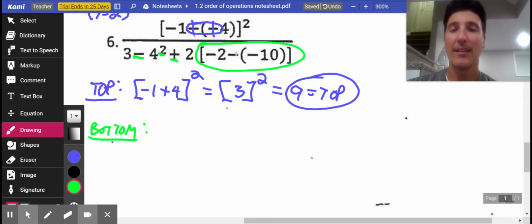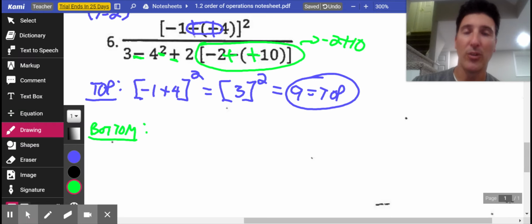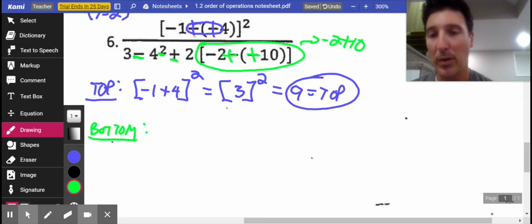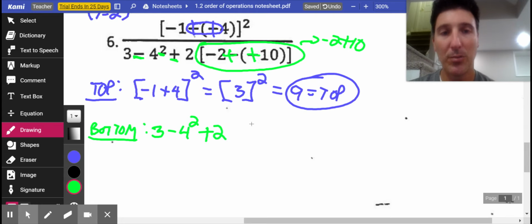Don't get tricked. Let's add a line, change the sign. So really what you're doing there, I'll just rewrite that part. You're really doing -2 plus 10, which is really like doing 10 minus 2, which is 8. So in that brackets, I'm just going to put an 8 in there. I'm going to bring everything else down: the 3 minus 4 squared plus 2, and then negative 2 plus 10 is 8.